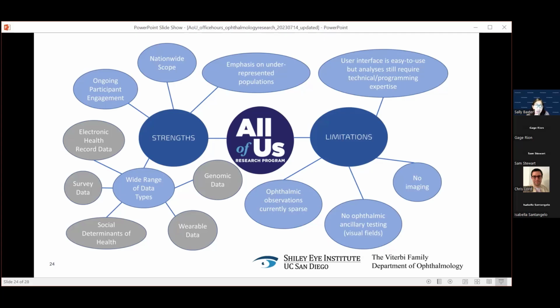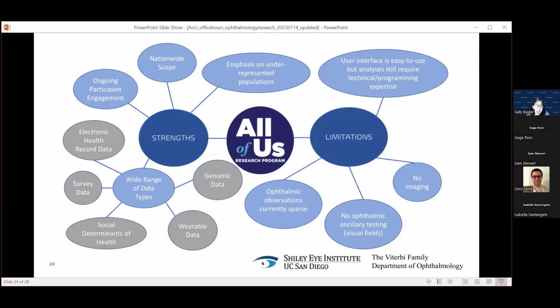These are not currently in the Researcher Workbench, and would be helpful in enhancing the database. I'm co-leading a work group that is trying to advance the data standards around ophthalmology data elements in the OMOP Common Data Model, and I'll talk a little bit about that in a moment.